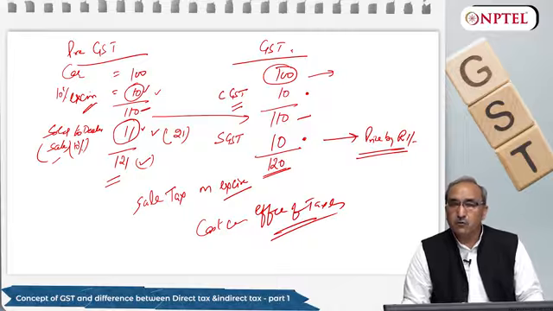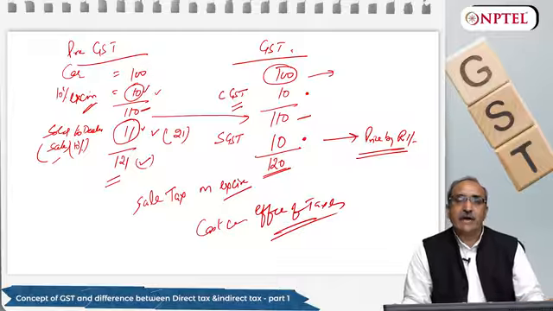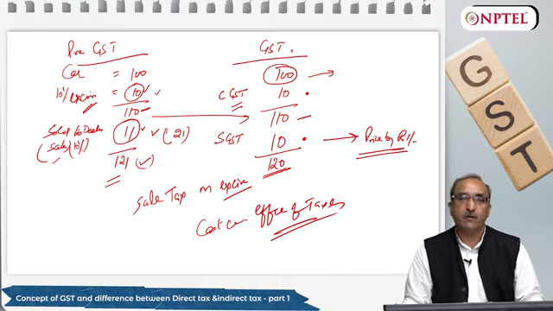It has a huge impact on the total economy, because if this mechanism is applicable on my finished products, this mechanism is also applicable on my inputs, meaning my raw material.